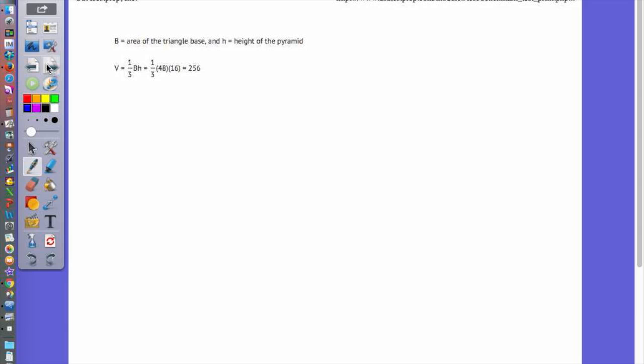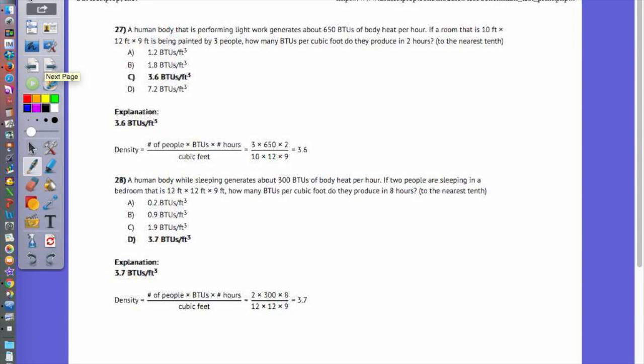27 and 28 deal with BTUs. BTU stands for British Thermal Unit. It is a measurement of heat. Okay? These are actually density problems. We have had for homework density problems involving finding the density of a metal, like copper or iron.